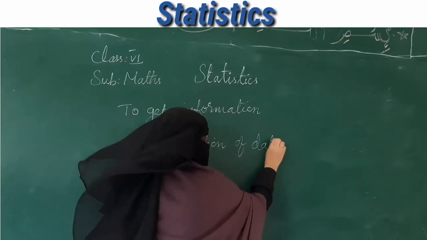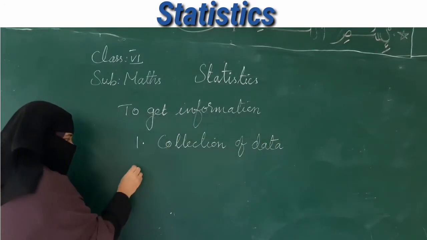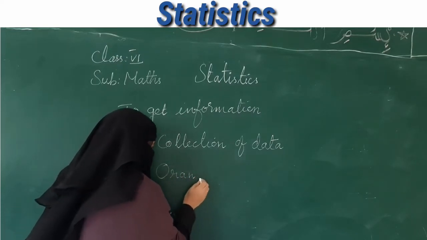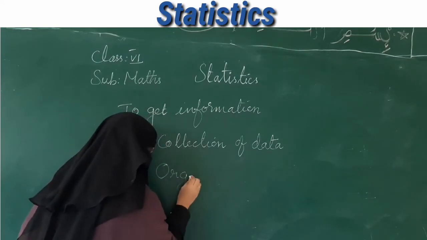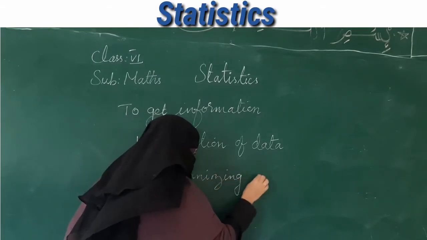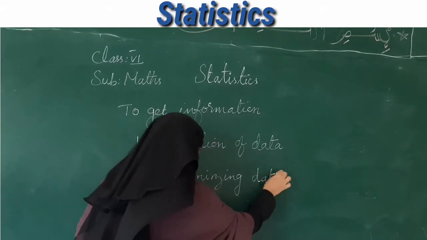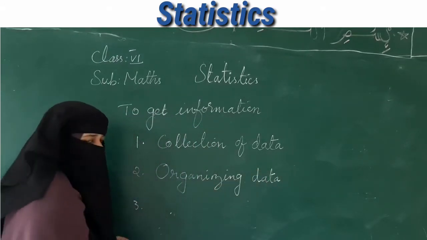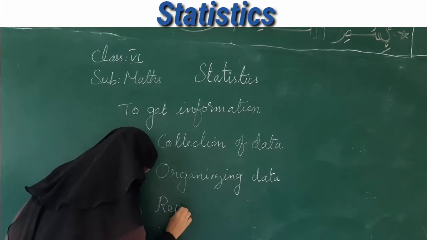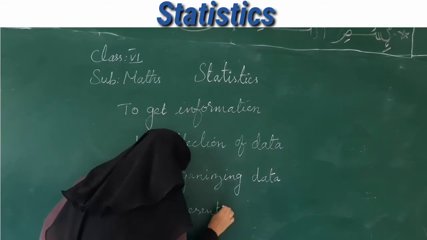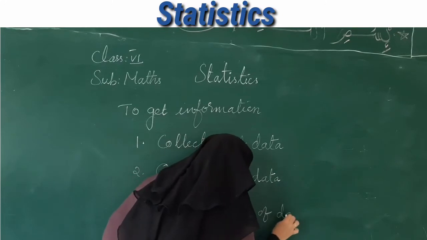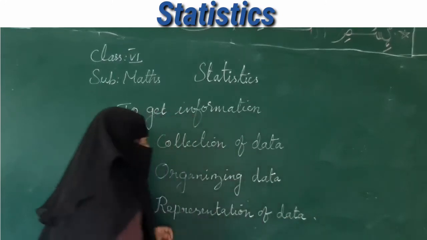Second thing is organizing data. Third one is representation of data. You can see like this. First we have to collect data, second we have to organize it, then we can represent the data.